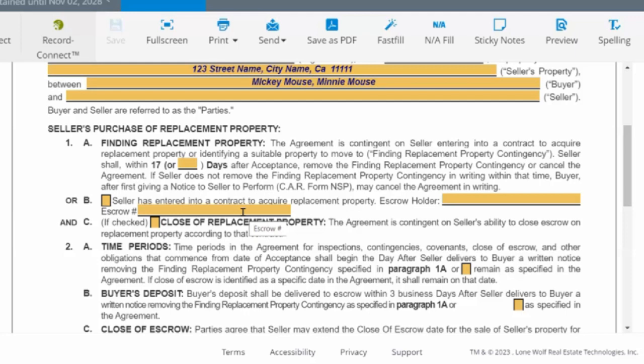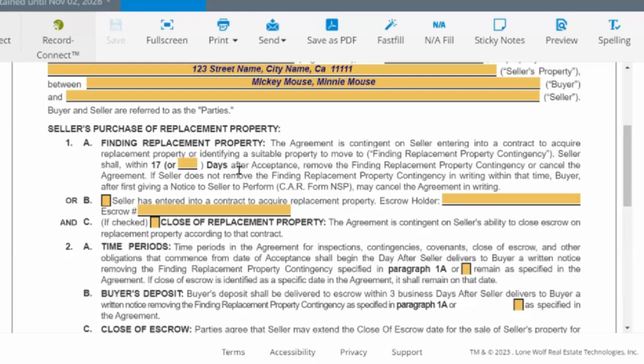Obviously, having them already be in contract is more powerful, a stronger position to be in, than having them looking for a home. If they're looking for a replacement property, the standard time frame in this contract is 17 days. So essentially it gives them 17 days to find their replacement property.